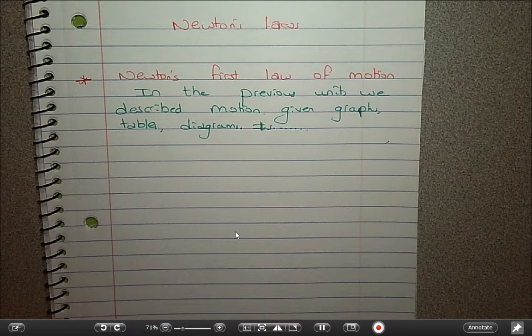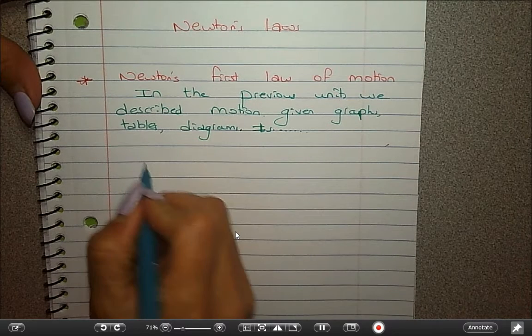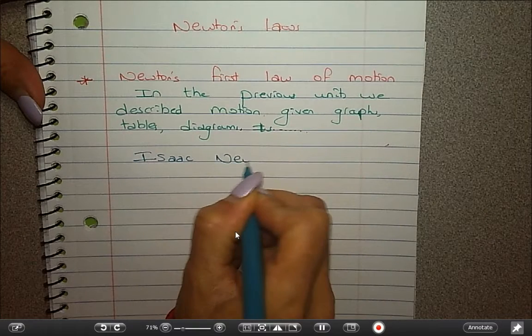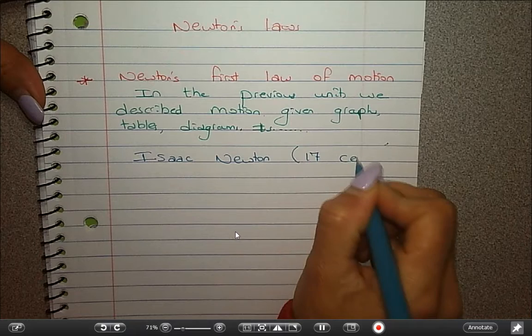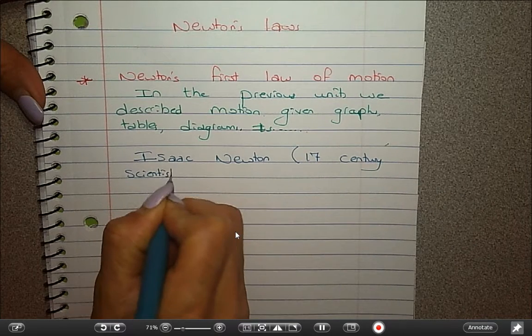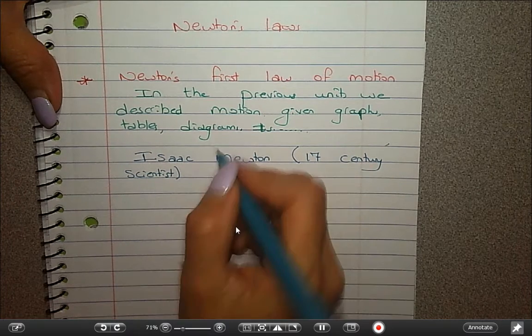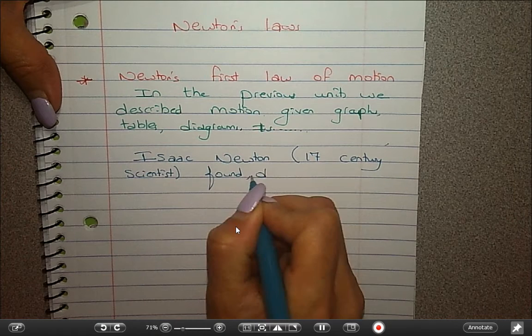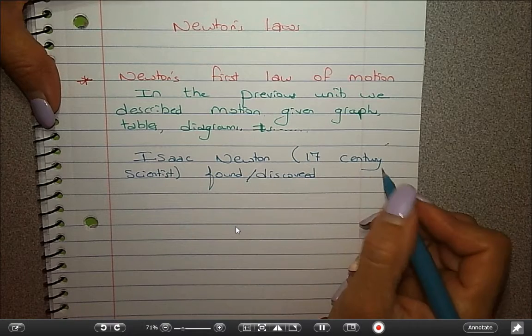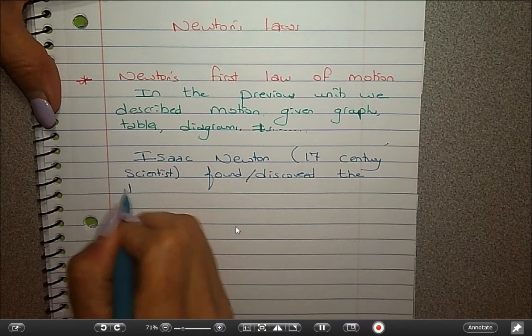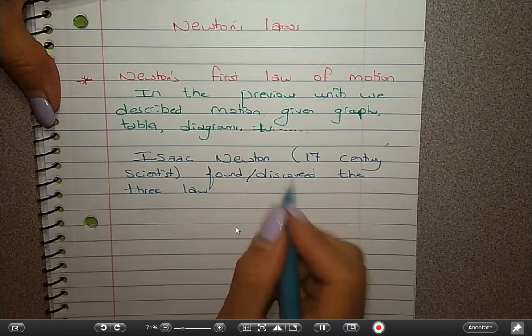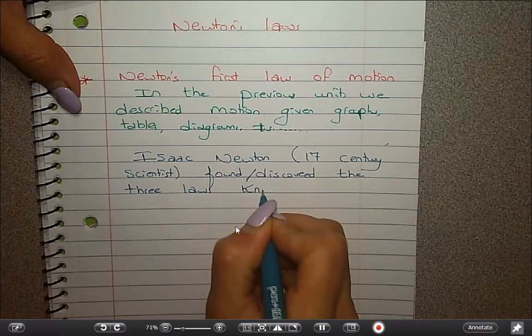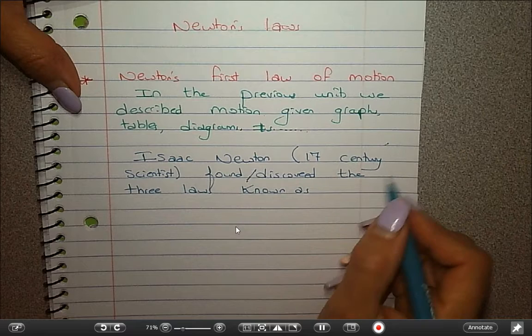All right, so first, it's really good to know that Isaac Newton, that was back in the 17th century, and now we're in the 21st century, so 400 years ago, Isaac Newton, a 17th century scientist, discovered the three laws, and that's why they're called Newton's laws.